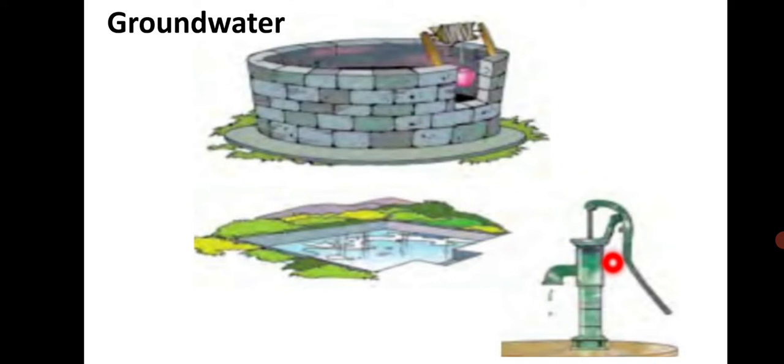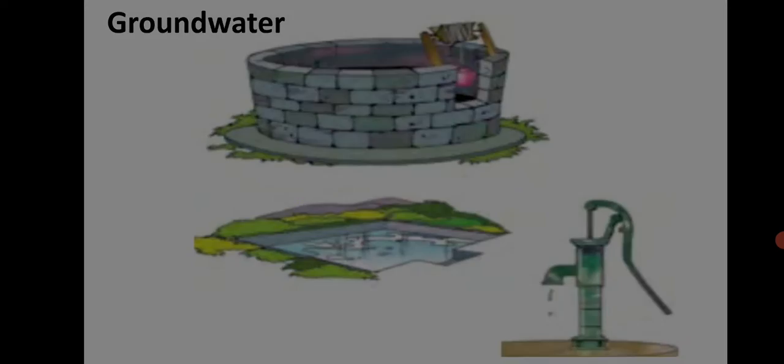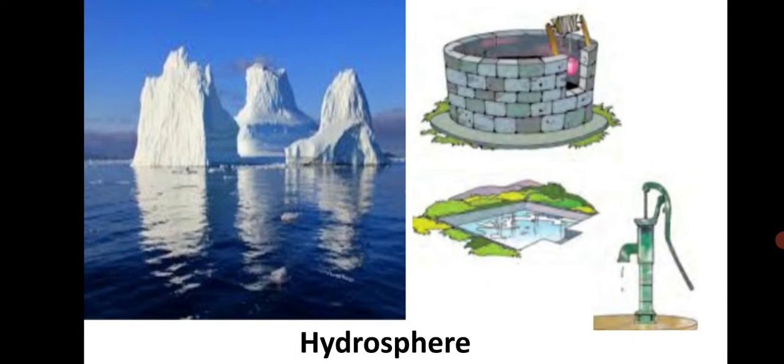Many lakes and wells get water from underground springs. The water or ice that occupies the earth's surface, groundwater, and water vapor in the atmosphere together form the earth's hydrosphere. So, this is all about the hydrosphere, that is, the water bodies on the earth.